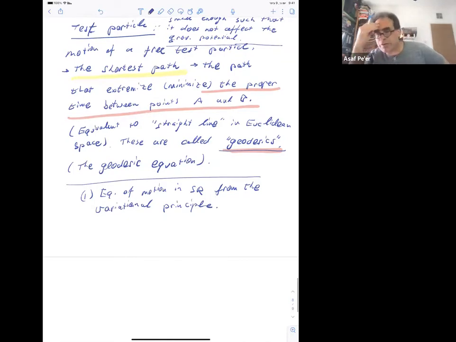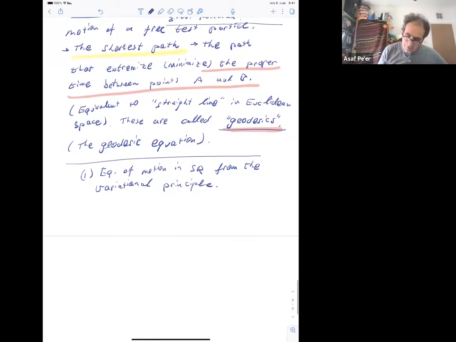So essentially what we do, we want to find the path that minimizes the proper time between points A and B, right, or extremize it. So we said the proper time tau.